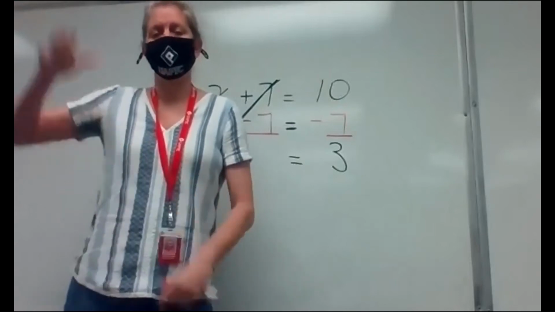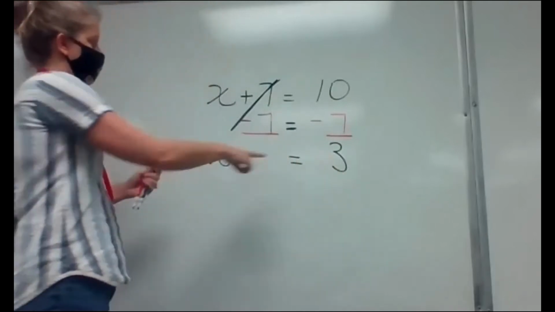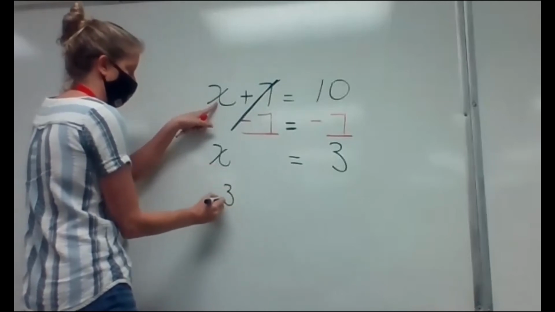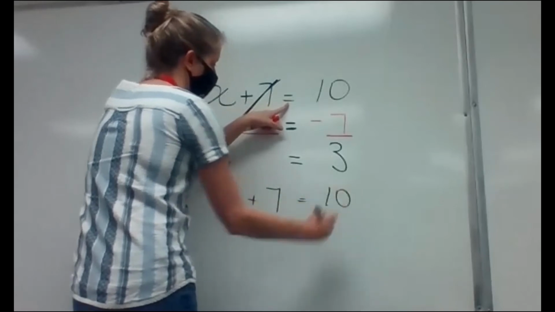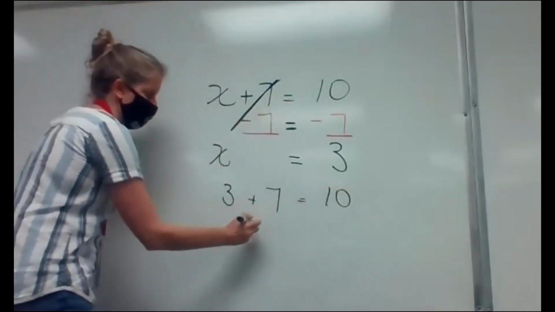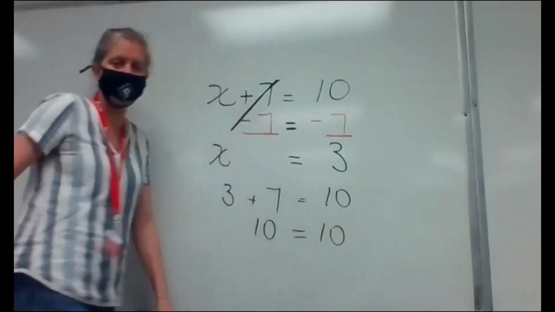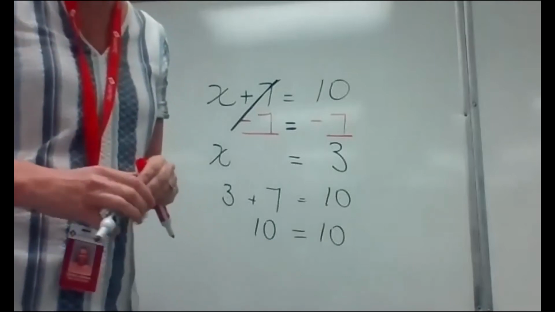That's what equal means. One side equals the other. So let's see, if I put the 3 in for this x, what would you have? 3 plus 7 equals 10. Well, what is 3 plus 7? 10 does equal 10. So that's how you would know that your answer is correct.